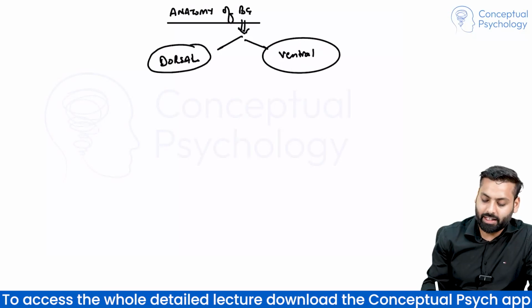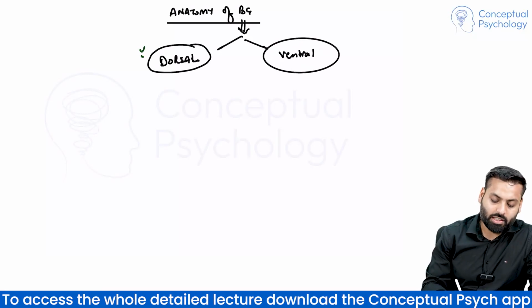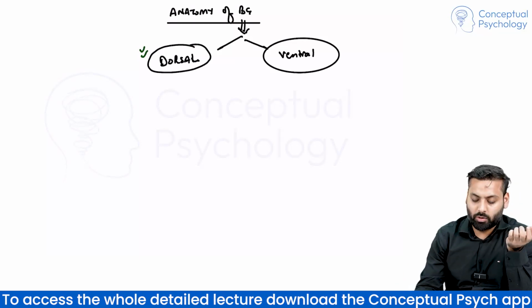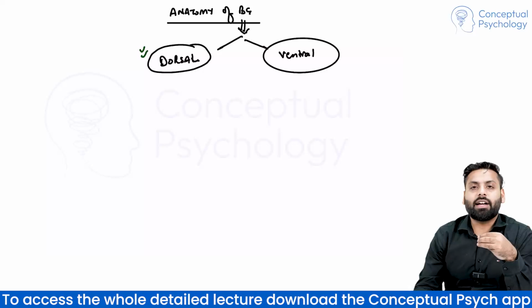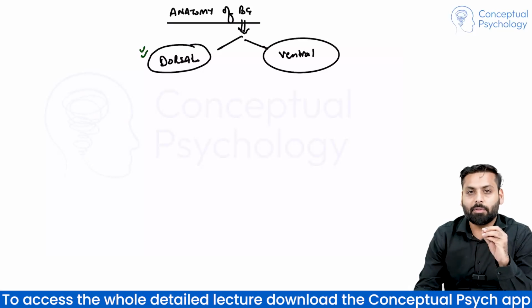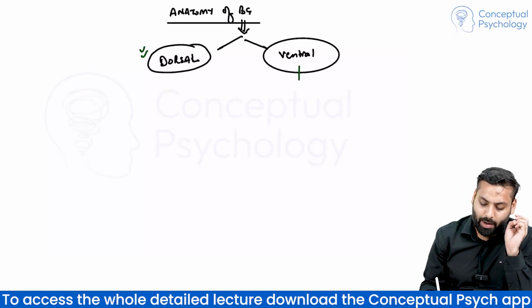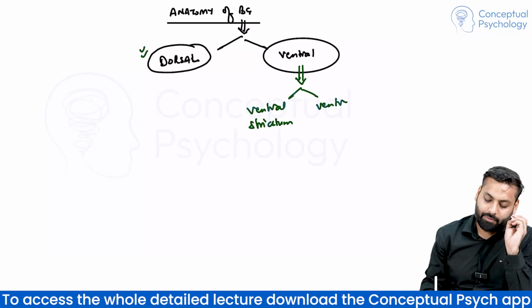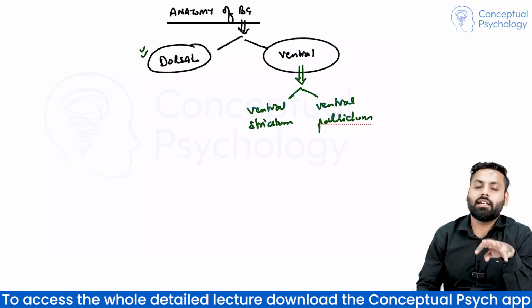Most of the time we read about the dorsal part, because that contains most of the features which are important for us. We skip the ventral part, but the ventral part holds importance for us. The ventral part is divided into ventral striatum and ventral pallidum.